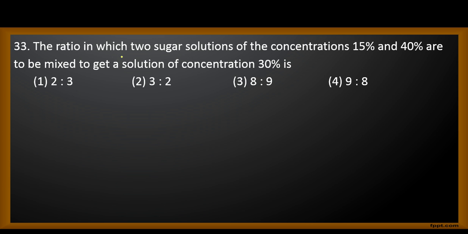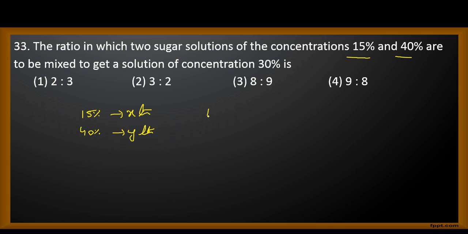The ratio in which two sugar solutions of concentrations 15% and 40% are to be mixed to get a solution of concentration 30%. How to solve this? Assume that of the 15% solution we are adding x liters and of the 40% solution we are adding y liters. Now what happens?